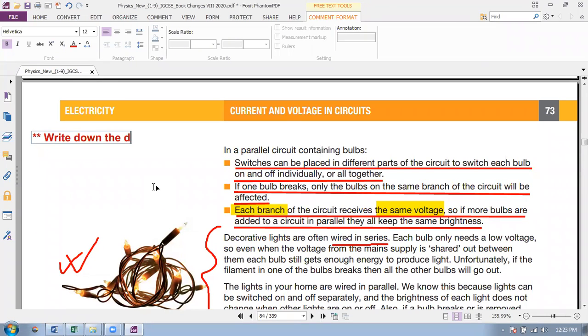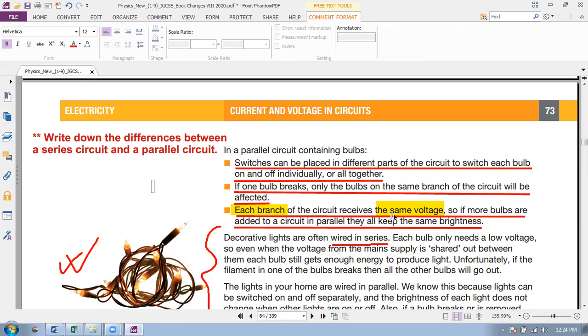Write down the differences between a series and a parallel circuit. I can say the differences in short form. For example, in a series circuit, current is the same, but in a parallel circuit, the current in each branch is different.